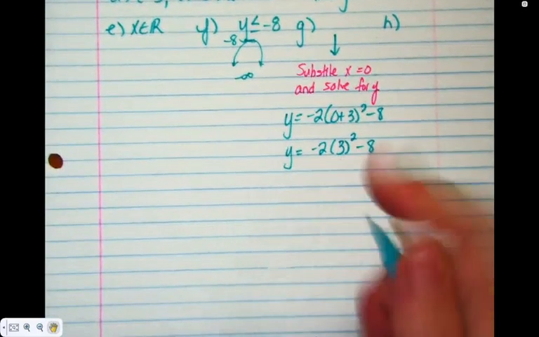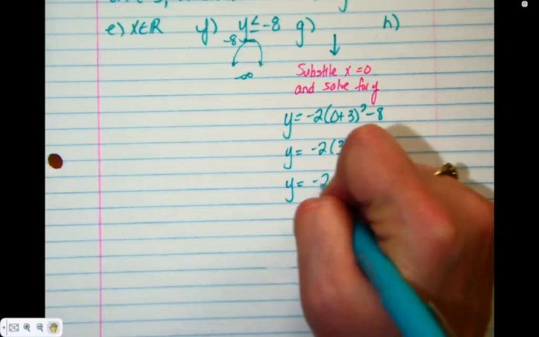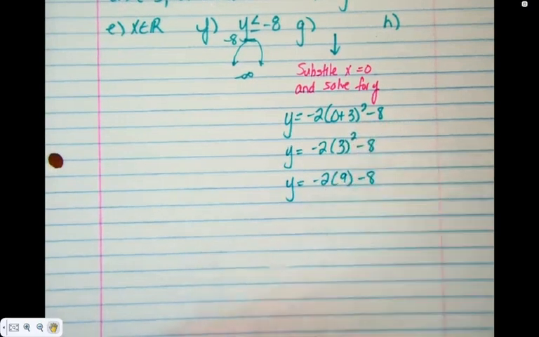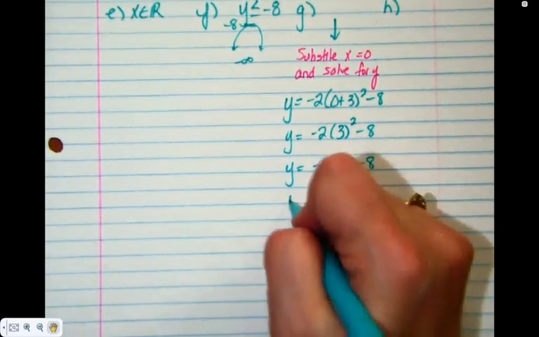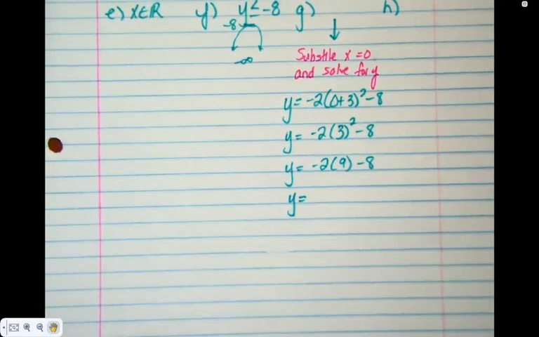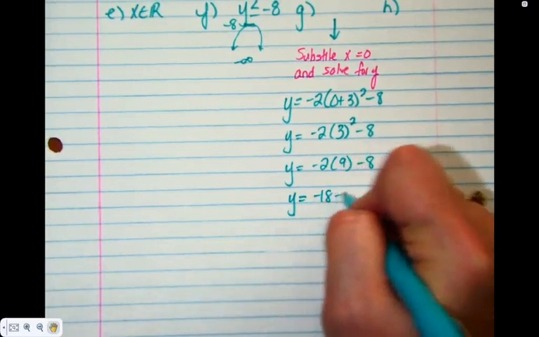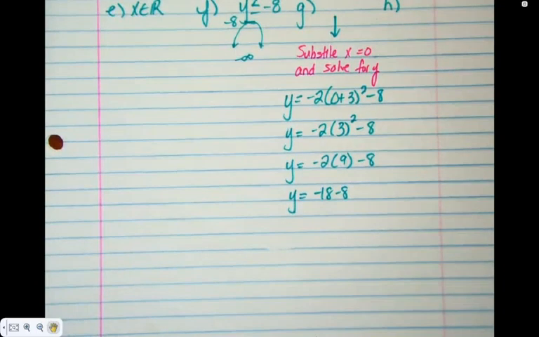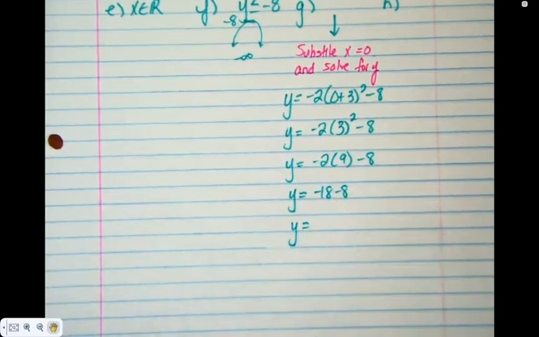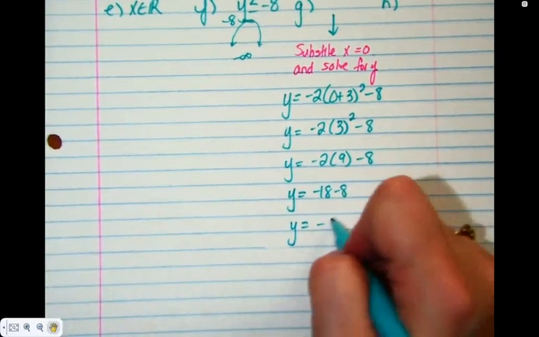Exponent. What is 3 squared? 9. Multiplication. Negative 18, minus 8 is negative 26.